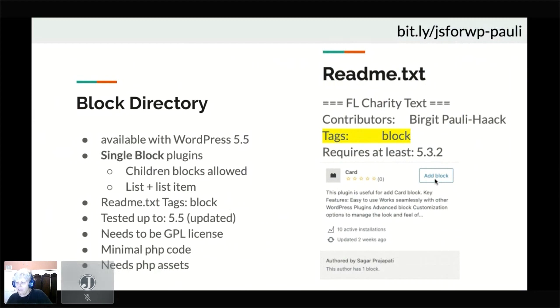So if you have single block plugins in the repository, you should look at them and update them as soon as possible, so WordPress users can find them within their block editor.